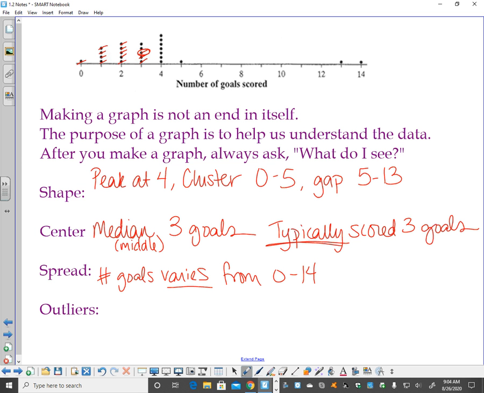I've already talked about the cluster, and I've talked about the big gap. So now we're going to talk about outliers, and how to prove if something is an outlier. We're not doing that today.